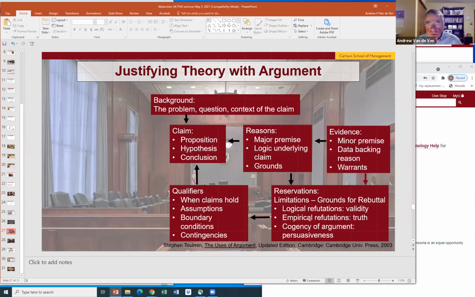The empirical refutation is that these data are not true. There's the cogency argument, which is the persuasiveness argument, pathos and ethos in the rhetorical triangle, which then in turn leads you to qualify your claim by suggesting that my proposition or hypothesis holds under certain conditions, assumptions, and contingencies.